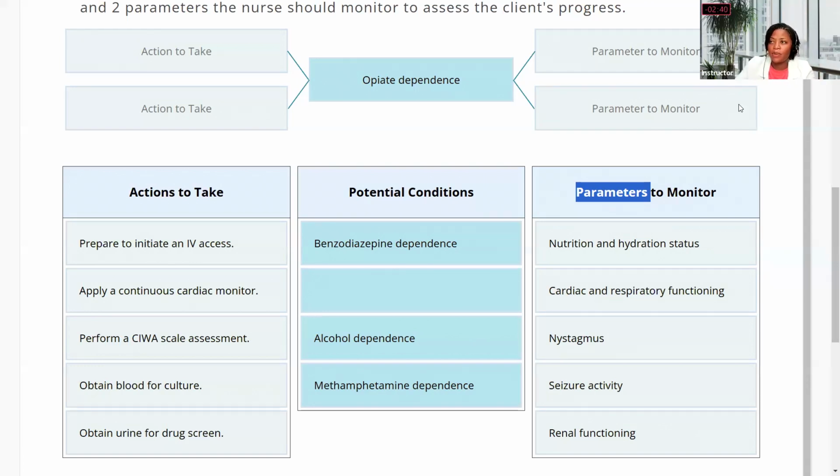So give it to me. What do you think? Action wise, what should we be doing here for a patient who is withdrawing? They're withdrawing from an opioid. So what makes sense that we should do action wise?